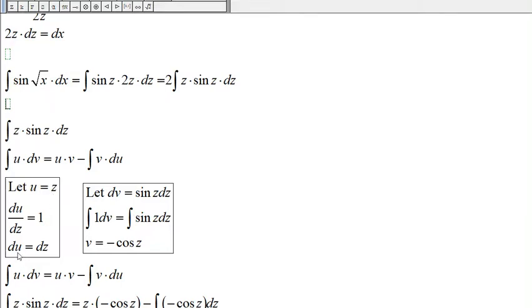So we get du is equal to dz. Here we have dv is equal to sine of z dz. Integrate both sides. The integral of dv is v. The integral of sine of z is negative cosine of z.